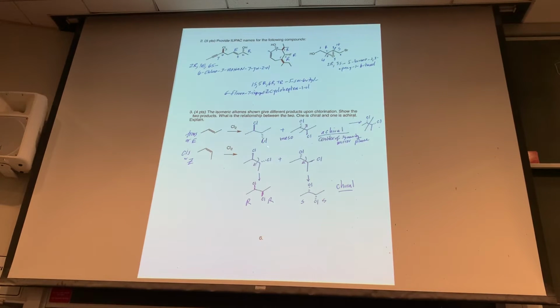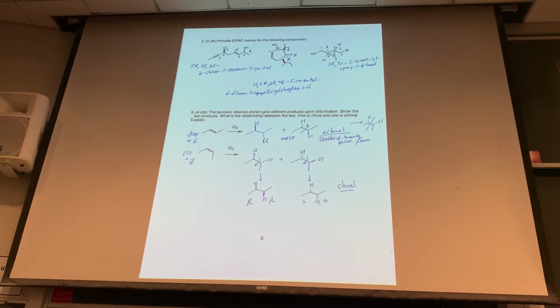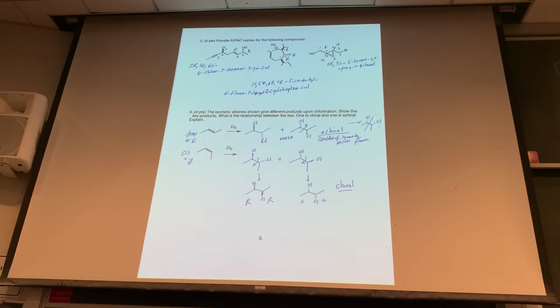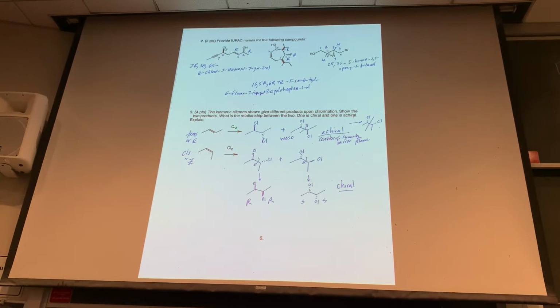This anti-relationship between the two chlorides. And that's what? These are meso, okay? This is the same thing. Either attack from the other side gives that same thing. You can see a center of symmetry here, or rotate around, and you see the mirror plane relationship. So trans of a symmetrical alkene with chlorination here.